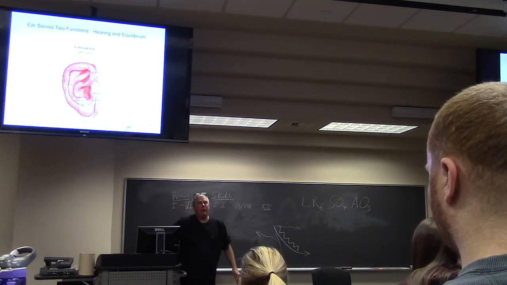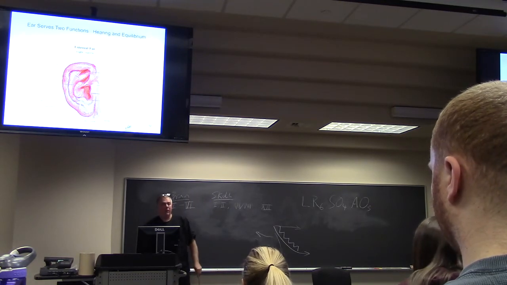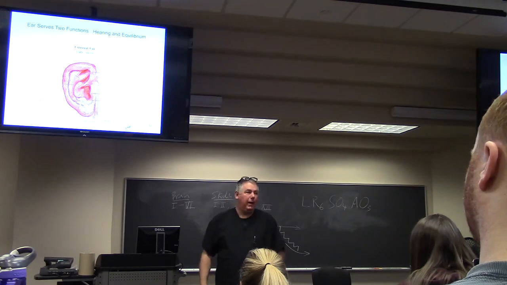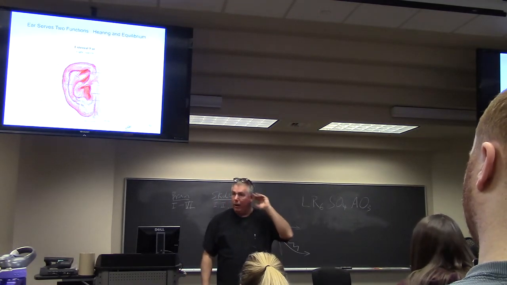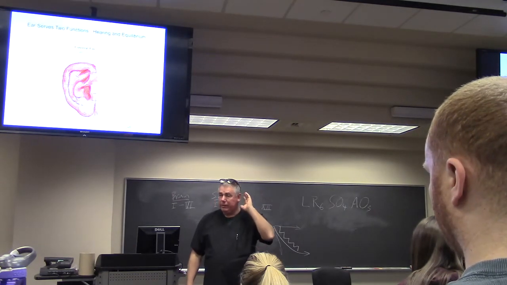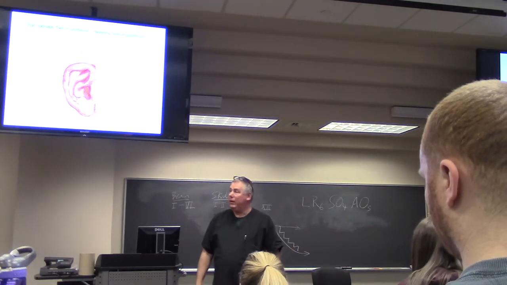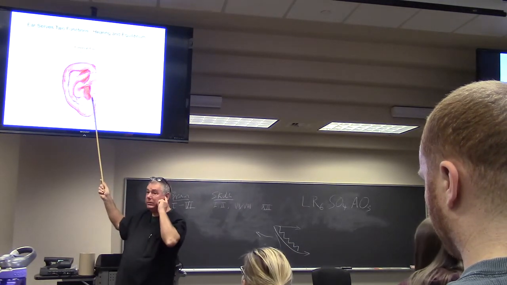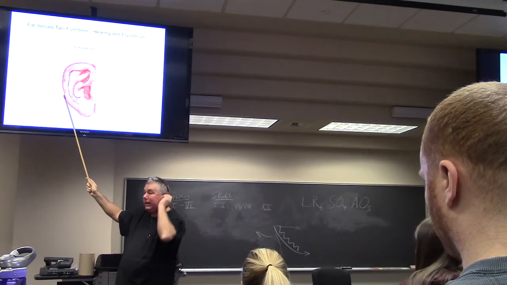Now we focus on the ear for about 5 minutes. This is the pinna, P-I-N-N-A. The pinna is the cartilaginous part of your ear. Its only purpose is for piercing. Actually, no. This is the tragus. That's the helix.